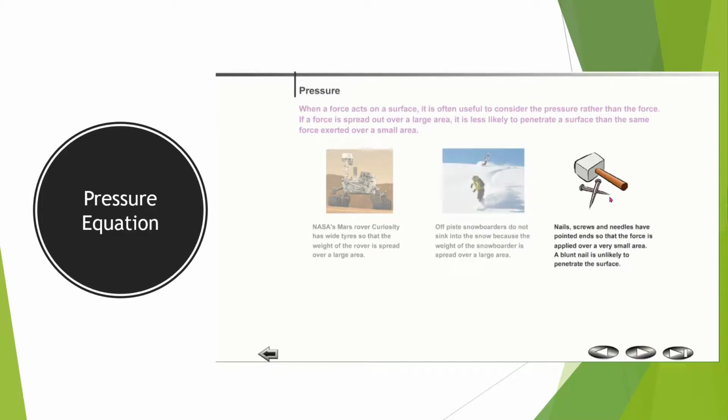Different to that, you've got nails, screws and needles. They've got a pointy end, so any force applied goes through to a very, very small point. Now, there was a dog recently that fell into Lochmaben Loch. If you wanted to rescue your brother or sister because they'd fallen through the ice, do you want to make yourself a very small area, or spread your weight over a large area?